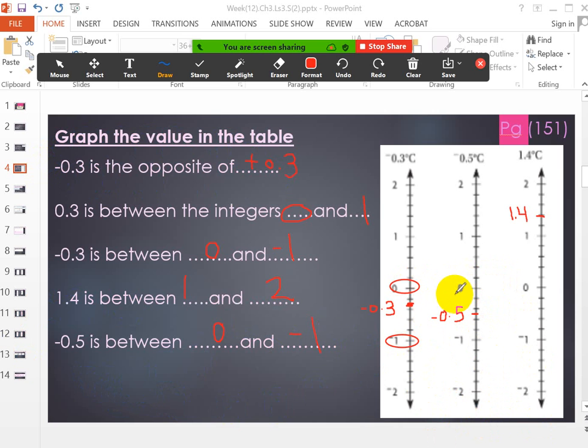The number line here is already drawn and divided for you, so you have to deal with the parts here. The parts here are 5 parts. That means each step between 2 little parts is 0.2. So you have to count 0.2, 0.4.